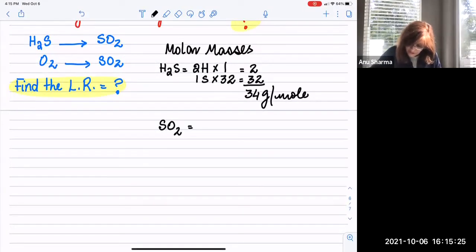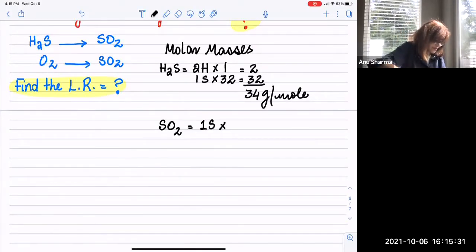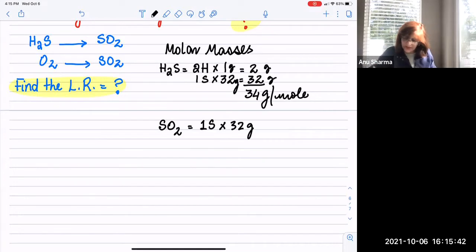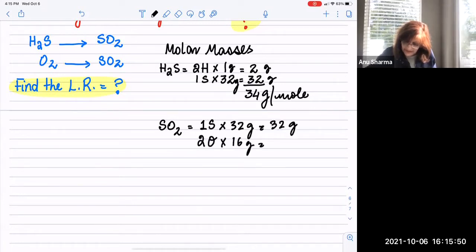You have 1 sulfur, and the mass of sulfur, as you can look in the periodic table, is 32 grams. Then come the 2 oxygens, and each oxygen is 16, so you have 32 grams from the oxygen.